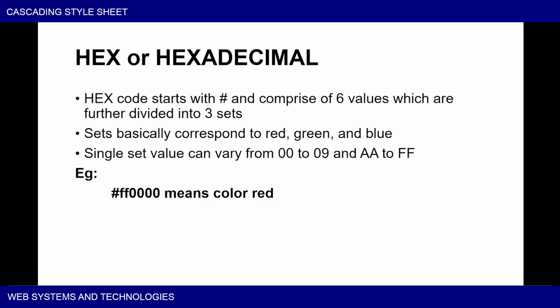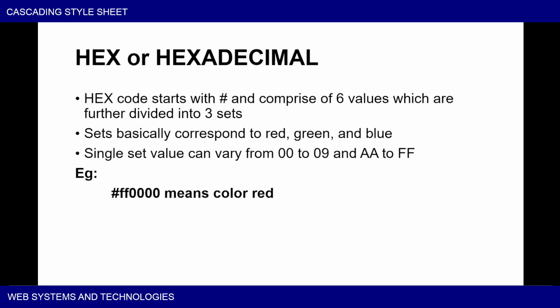Okay, for hexadecimal, this hex code starts with the number sign, or the sharp sign, or the hashtag, and is comprised of six values or digits, which are further divided into three sets. These sets correspond to red, green, and blue. A single set value can vary from 00 to 99, and AA to FF.